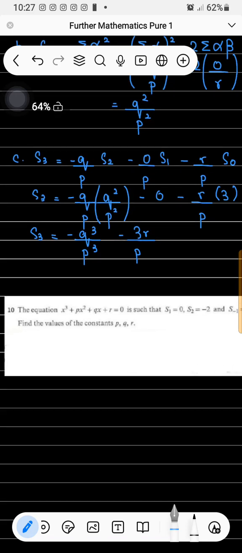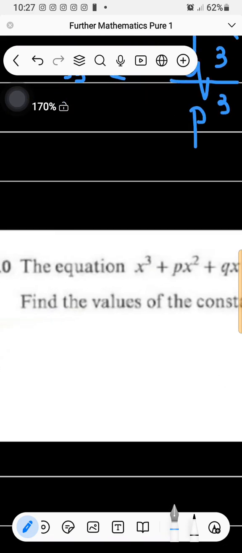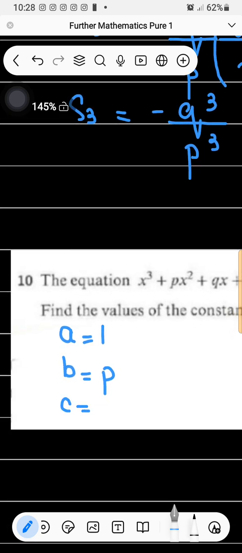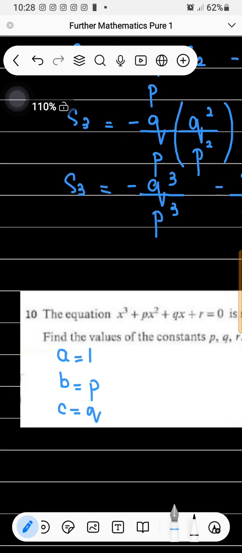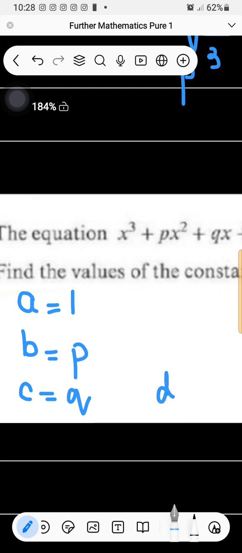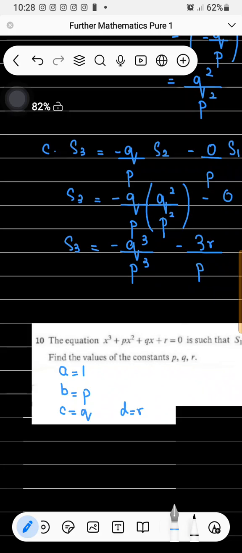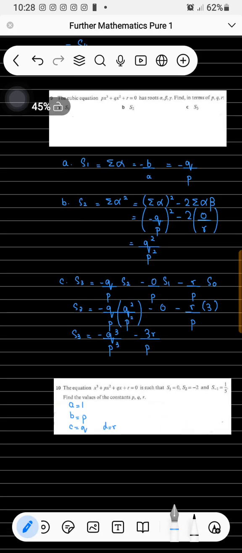This is the equation x cube, meaning a equal to 1, px square, meaning b equal to p, qx, meaning c is equal to q, and plus r, meaning d equal to r, is such that s1 equal to 0, s2 equal to negative 2, and s minus 1 equal to 1 upon 5. Oh, in this question he gave us s1, s2 and s minus 1, and now we have to find out the values of the constants p, q, r.